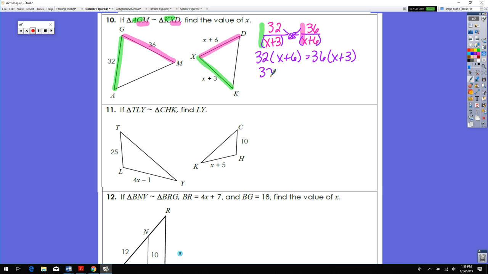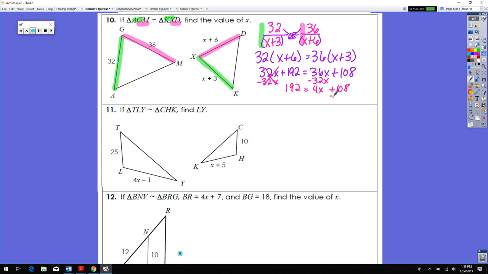Distribute, so I get 32x plus 192 equals 36x plus distribute 108. Now from here, I want to move my x's to the right because I want it to be positive. You can move it to the left, it's just going to be negative at first, it'll work itself out.